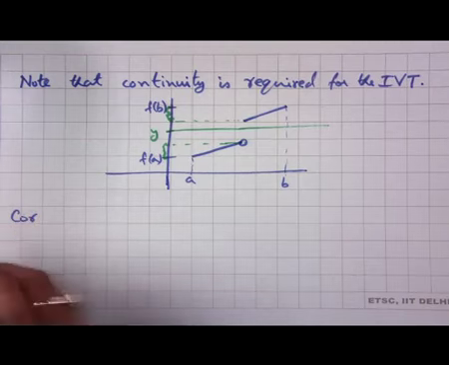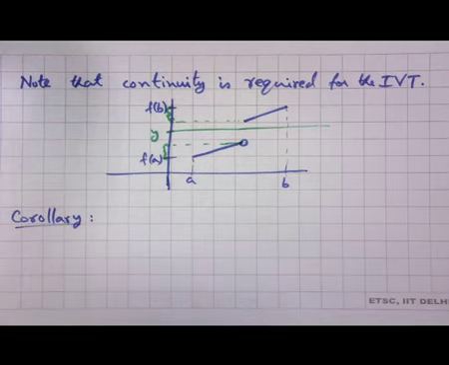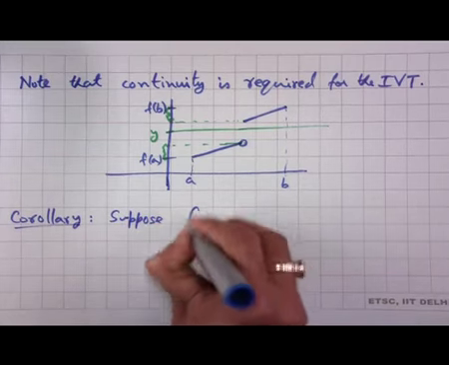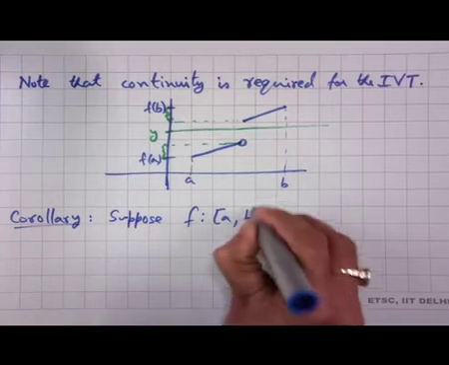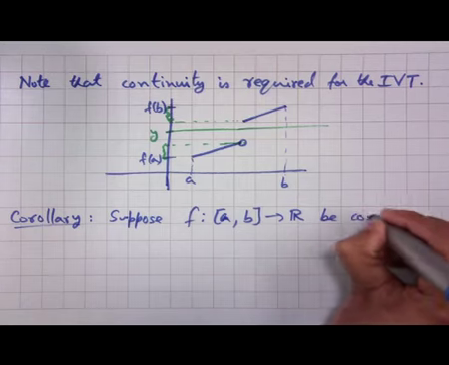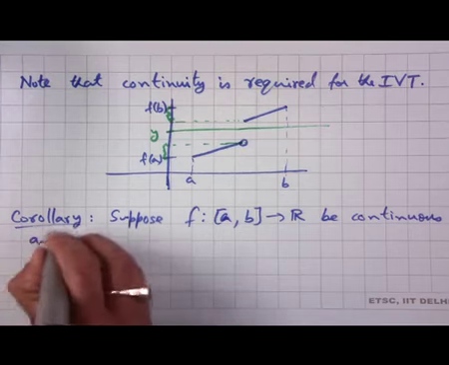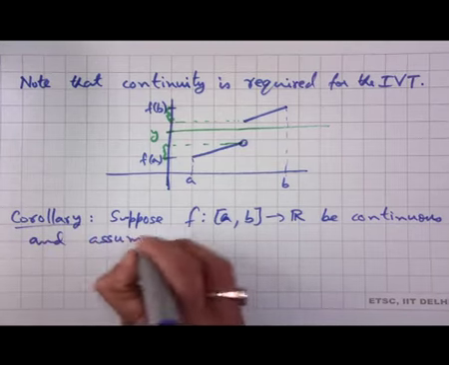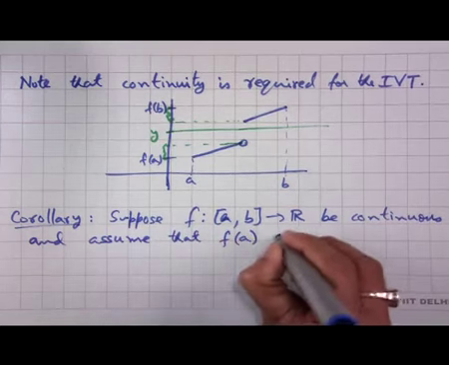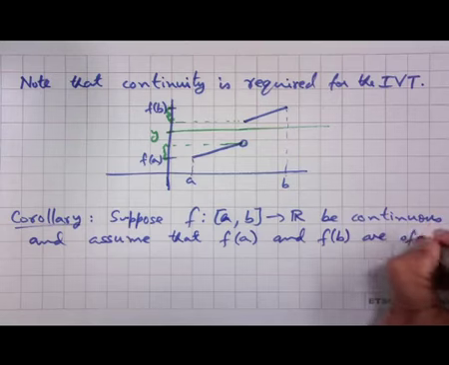One corollary to this intermediate value theorem is that suppose f is a continuous function on a closed interval [a, b], and assume that f of A and f of B are of opposite signs.